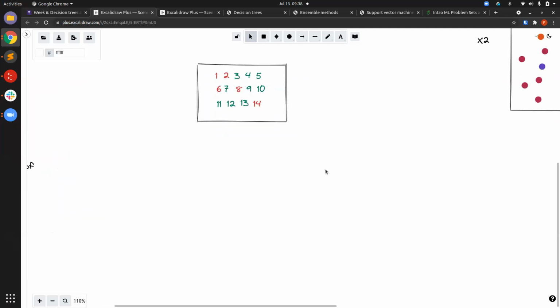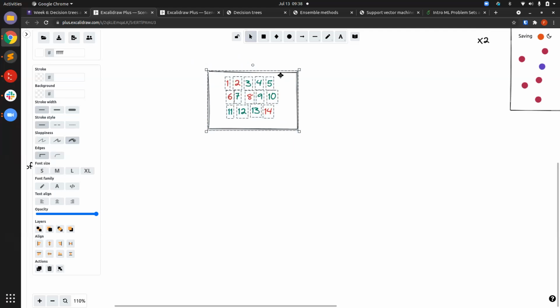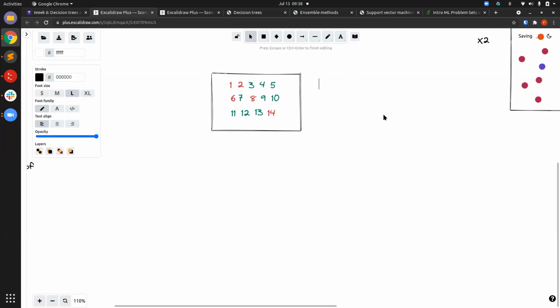How many examples do I have in the negative class? Okay, I have 9 positive samples, 5 negative samples, and that's a total of 14 samples. So the total size of the set is 14.